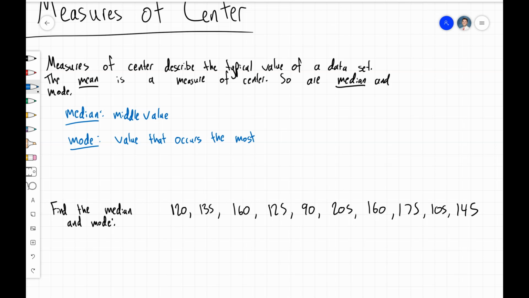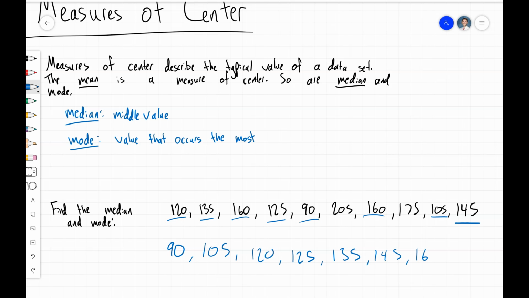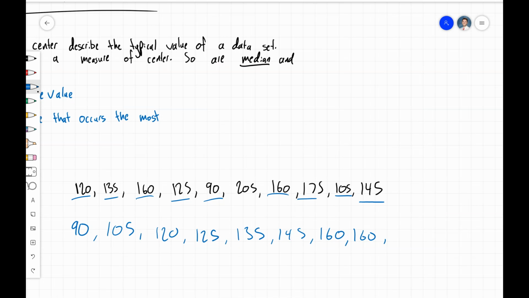So we can see that 90 would be least, followed by 105, then 120, then 125, then 135, 145, we have 2 of 160, and then we have 175 and 205.